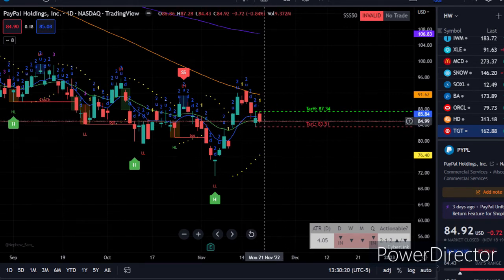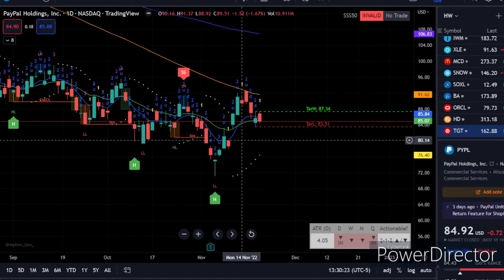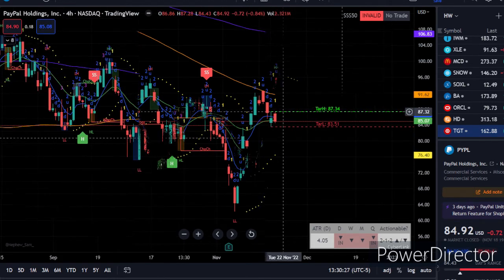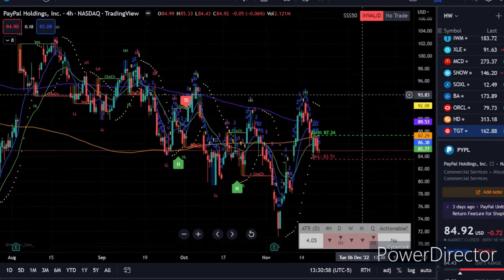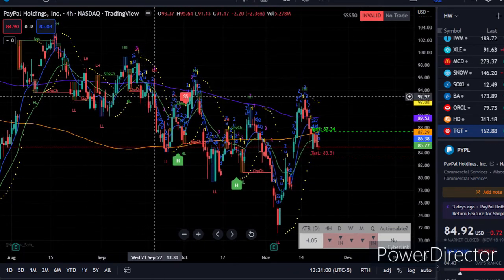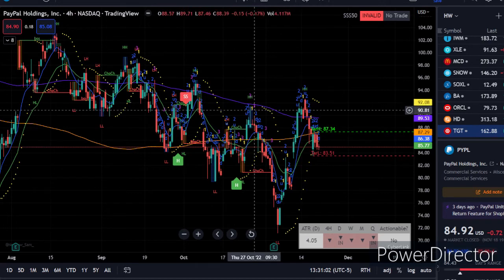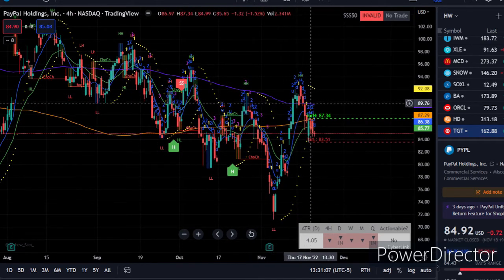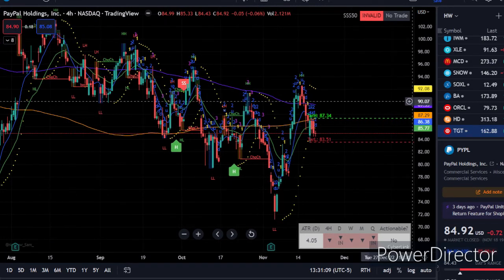EMAs are about to cross, and then we have a gap to the downside. There's a nice pattern there too on the 4-hour. Y'all see? It rejects every time. It just cannot get above this 200 here.